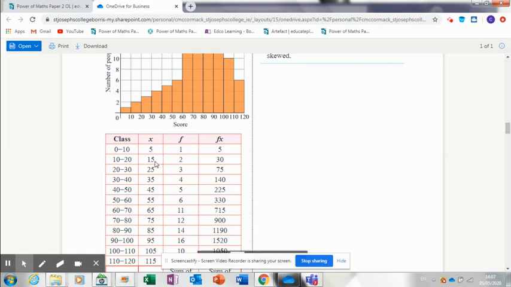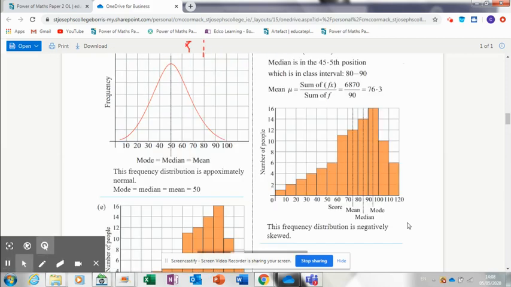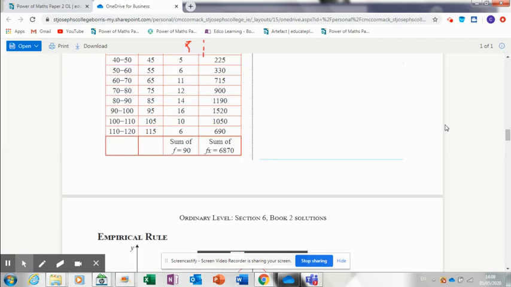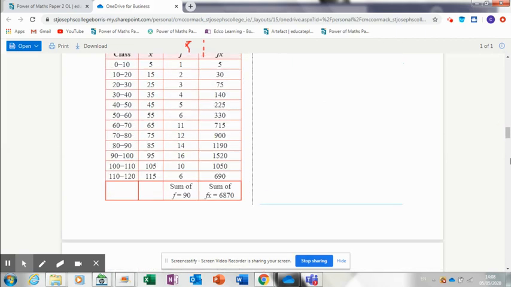So that's 5, 15, 25, 35, 40 to 50, and 50 to 60. So I have to go back to look at the frequency. Where's the 45th and the 46th going to lie?